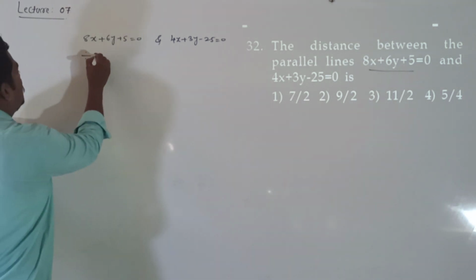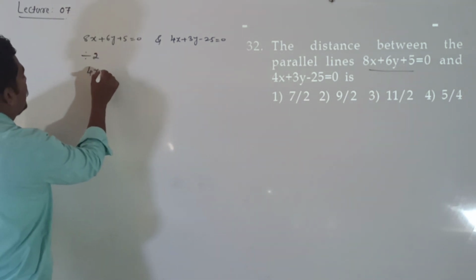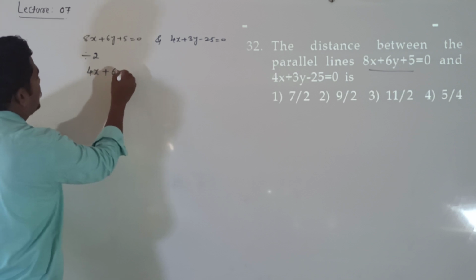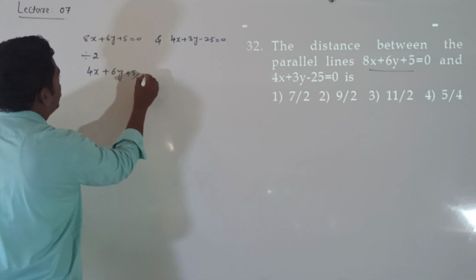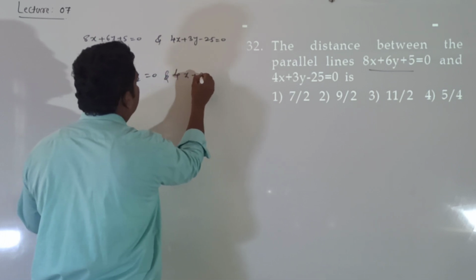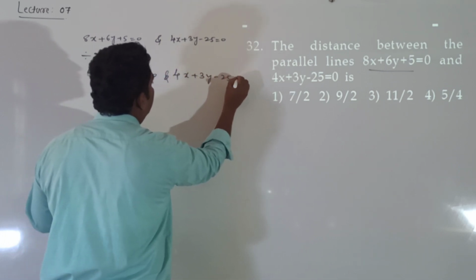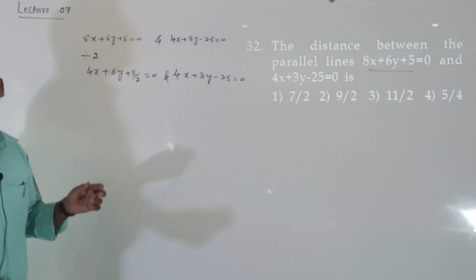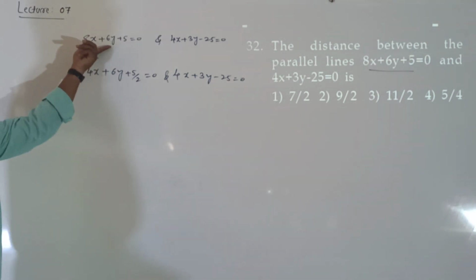Just dividing by 2, it becomes 4x plus 3y plus 5 by 2 equal to 0, and 4x plus 3y minus 25 equal to 0. Only dividing equation number 1 by 2.